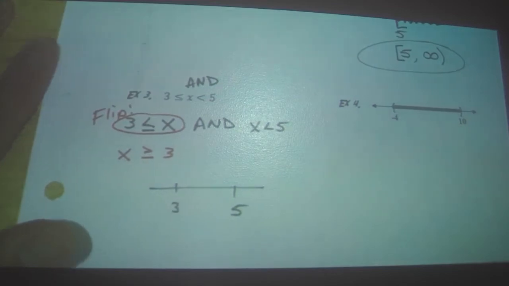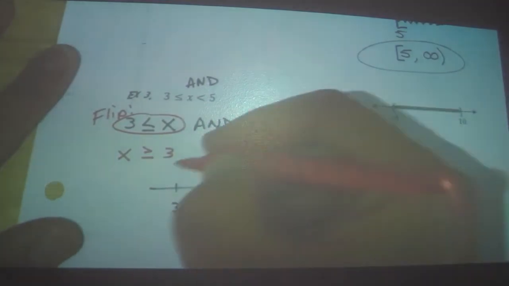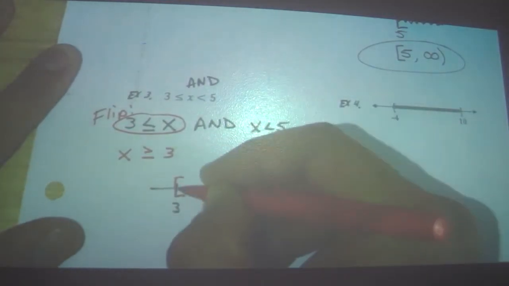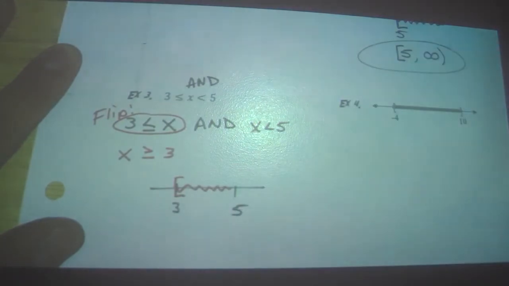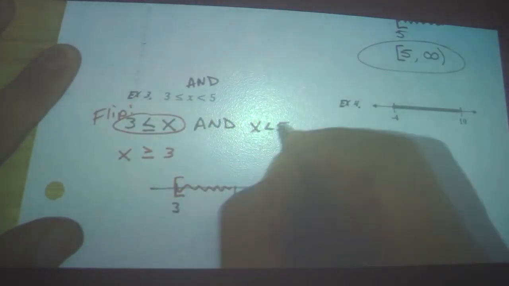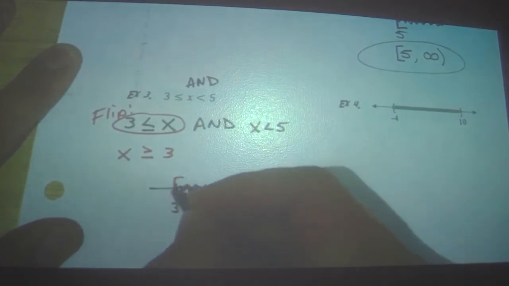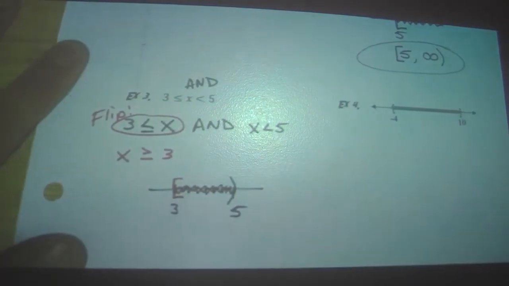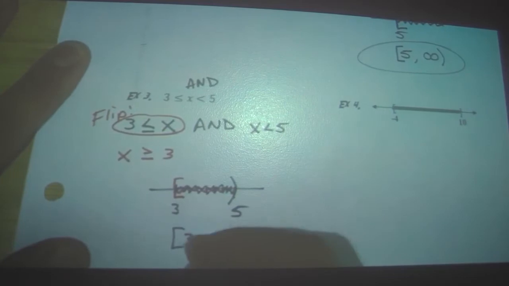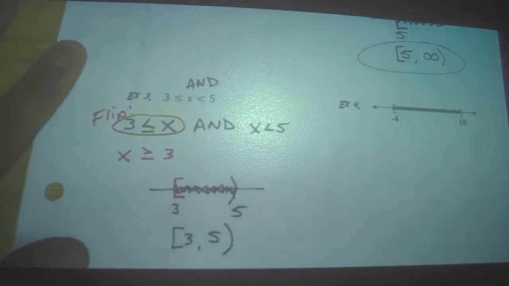You got to put your mic on if you're going to talk, though. Okay, 3 bracket right and parenthesis 5 bracket left. Oh, man, you're doing both of them. So he said x is less than 5. That's a parenthesis to the left. Awesome job, dude. Okay? So we got a bracket 3, comma 5 parenthesis.